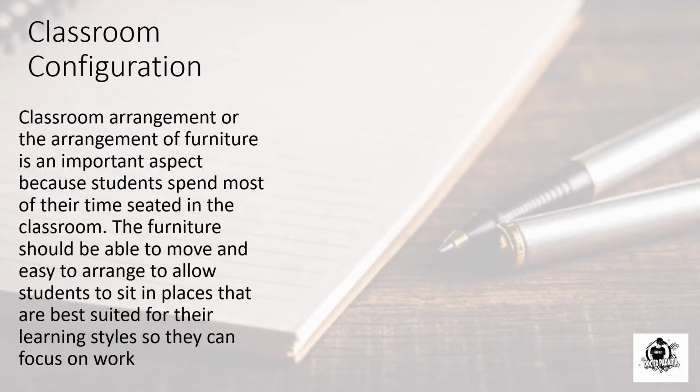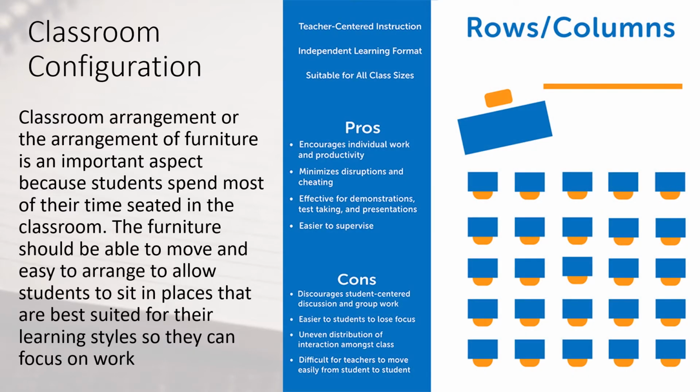This was during face-to-face classroom meetings. The furniture should be able to move and be easy to arrange to allow students to sit in places that are best suited for their learning styles so that they can focus on their work. The figure on the right side presents the pros and cons of the configuration.